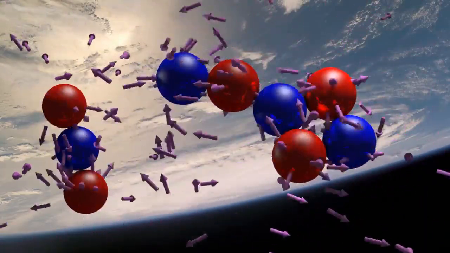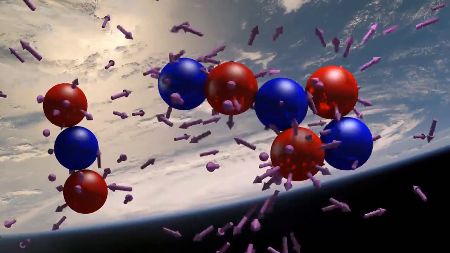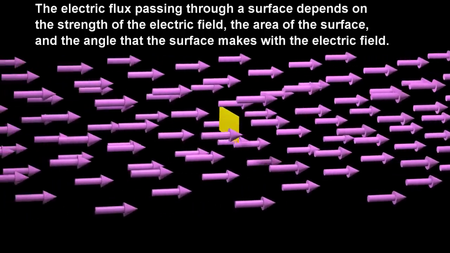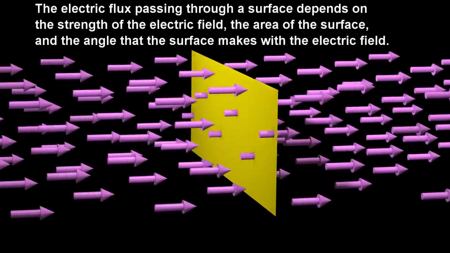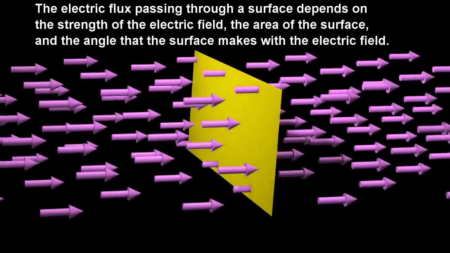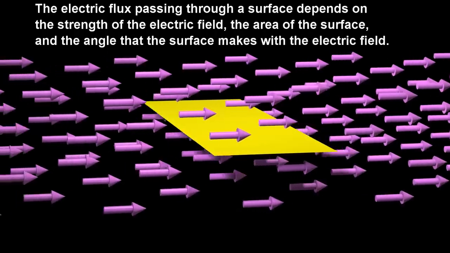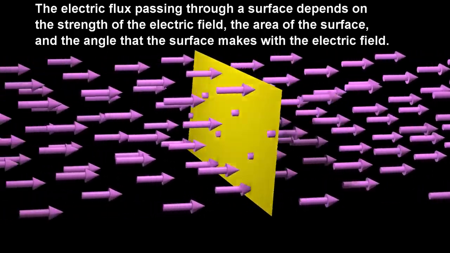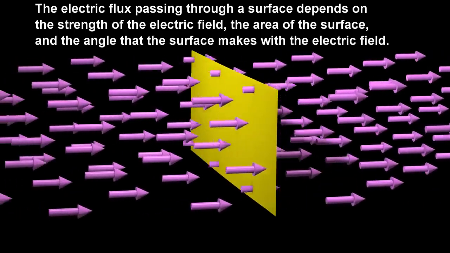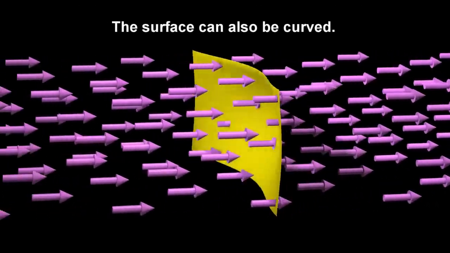The electric flux passing through a surface depends on the strength of the electric field, the area of the surface, and the angle that the surface makes with the electric field. The surface can also be curved.